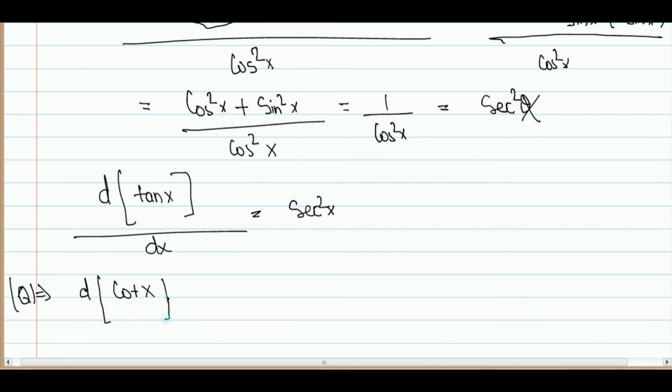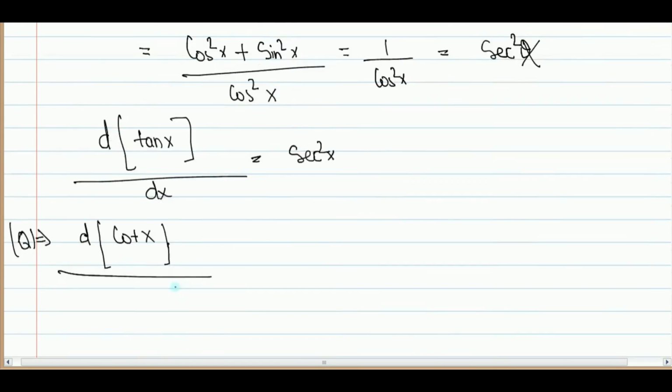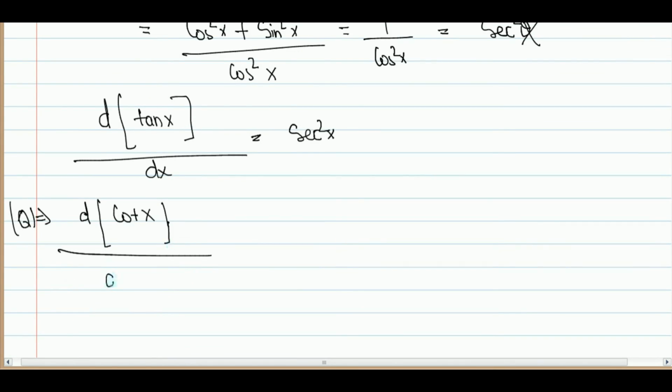You have to find the differentiation of cot x with respect to x. Let me provide you the answer and try to match it. The answer will be minus cosec square x. What you have to do? You have to write cot x as cos x divided by sin x. Use the formula of division for differentiation and you will get the answer.